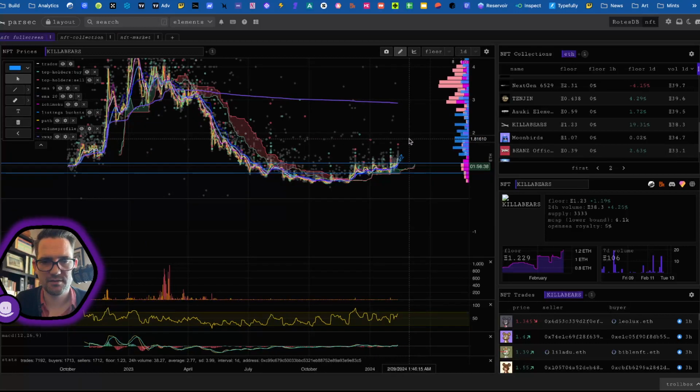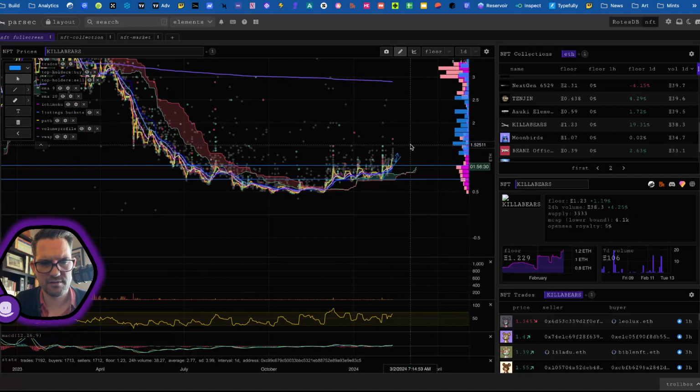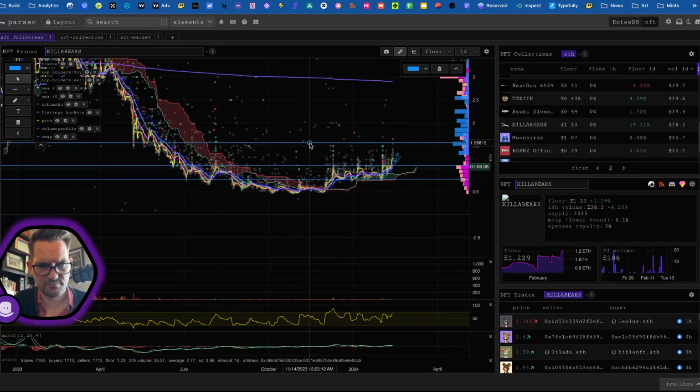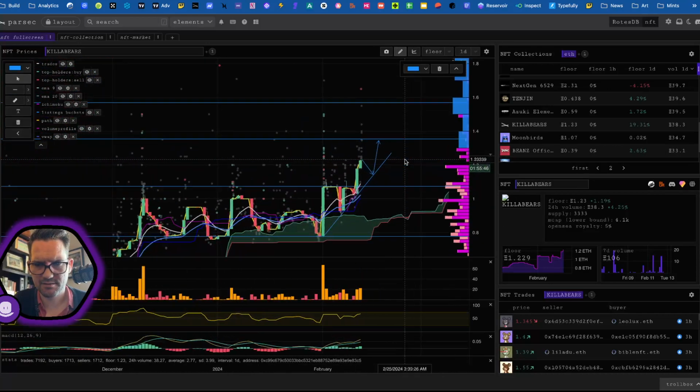A bit of resistance there. Support around 1.55. 1.35 maybe in the next kind of target range there.